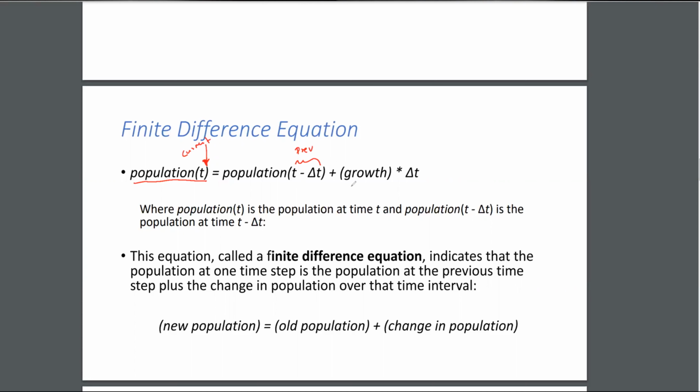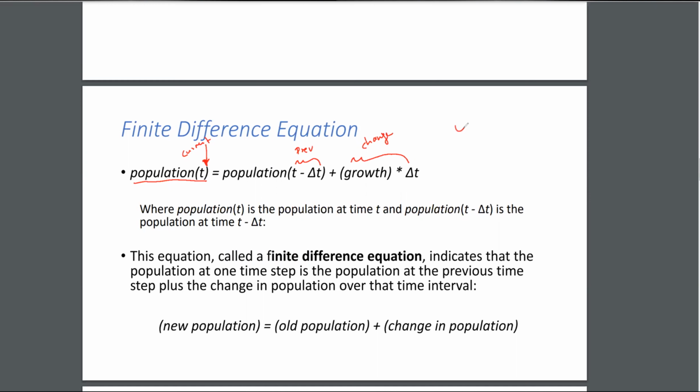And so this is the growth multiplied by delta t, which means the change. You can see the change is nothing but the growth multiplied by delta t. So what does this mean actually?